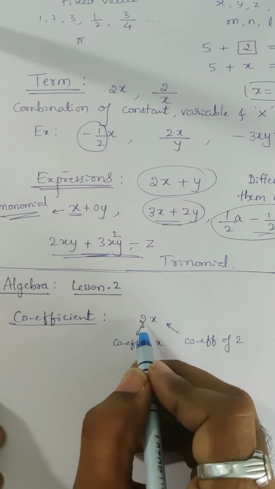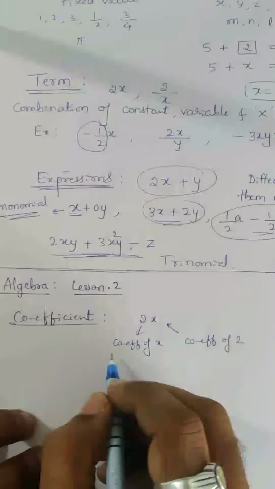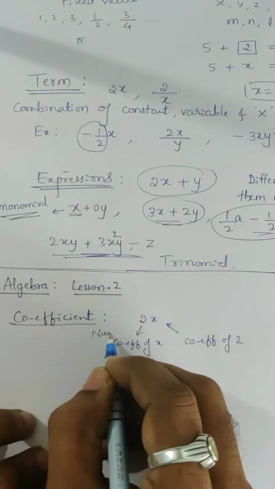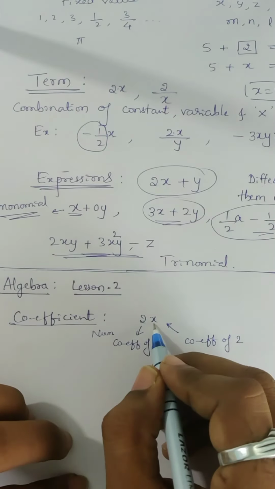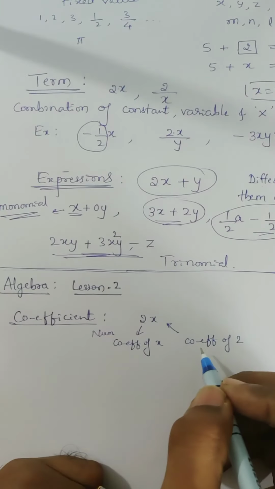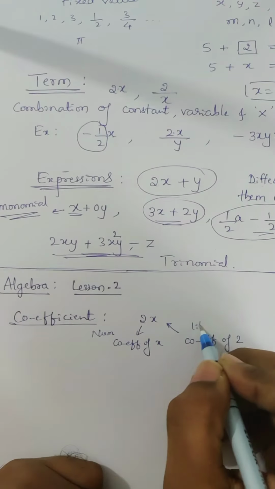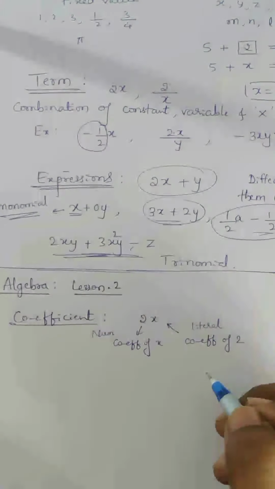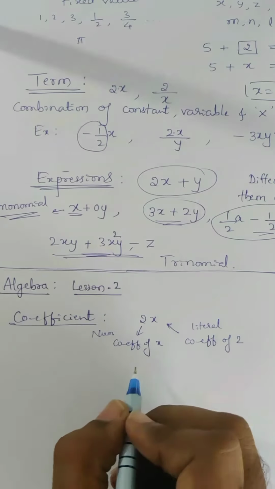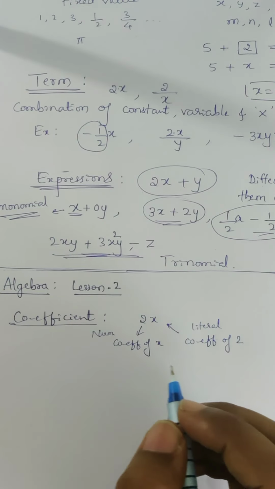Only thing is, since 2 is a numerical, it is called a numerical coefficient, and since x is a variable, it can be called a variable coefficient or literal coefficient, because a variable is also called a literal. So coefficient is like identifying a partner of somebody.